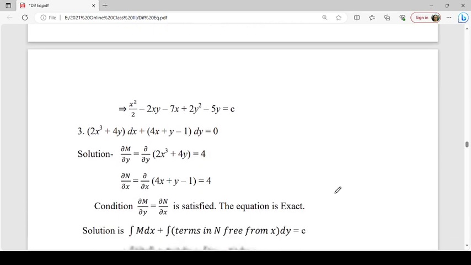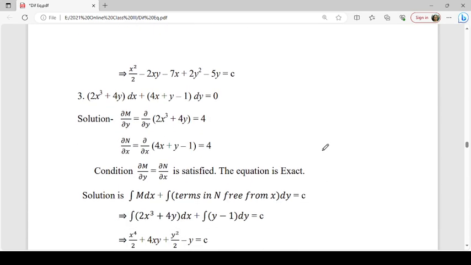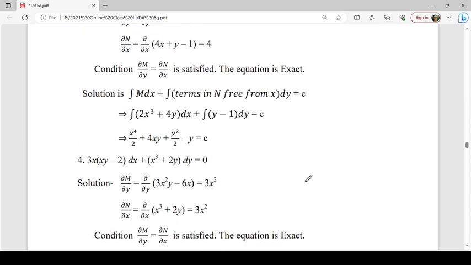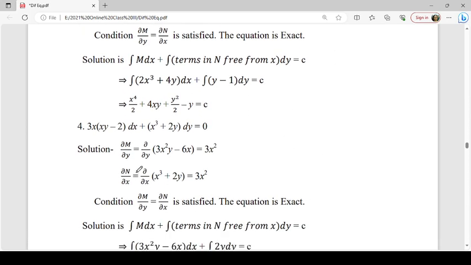Then number 3, same procedure. Just test it, find M, find N. The right hand side must be 0, it can't be any other value, only 0 is acceptable.